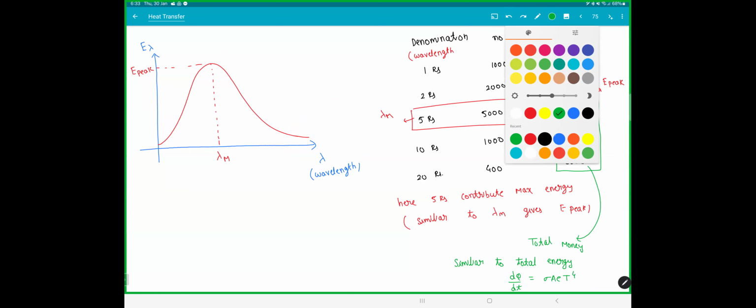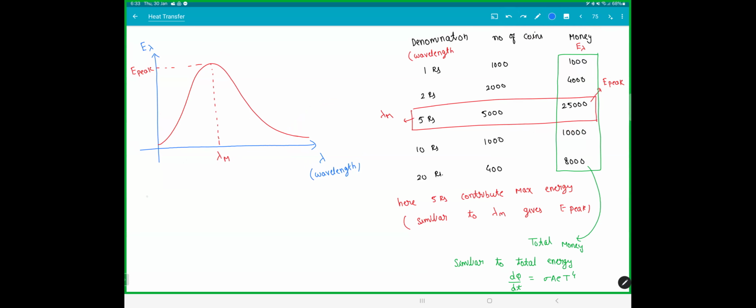So here now, E lambda is again the spectral energy density. Energy per second at a given wavelength.